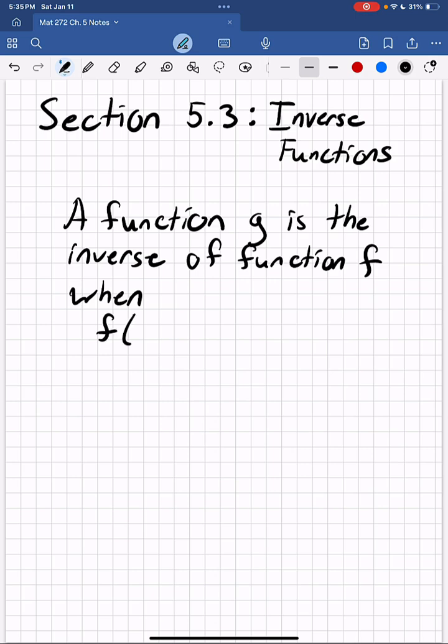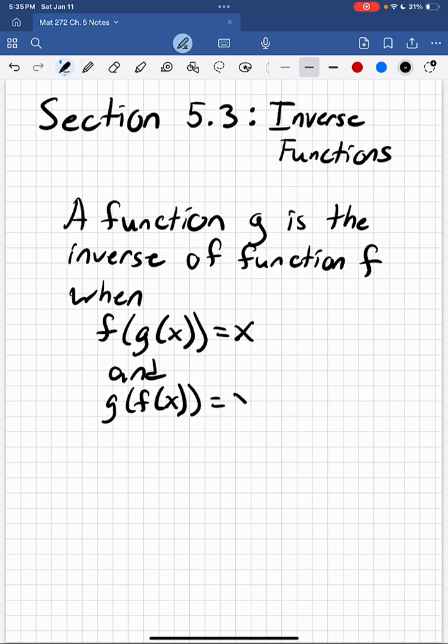When we plug g of x into the function f, we get out x, and when we plug the function f into the function g, we also get out x. Okay? That is the definition of an inverse of a function.